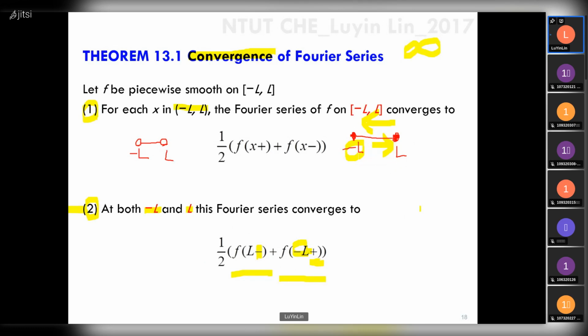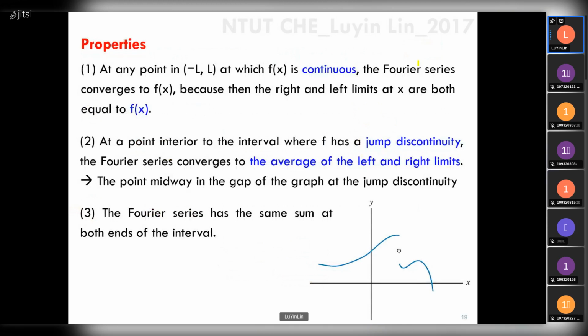You can see the example. Okay. Before seeing the example, you can see the property. At any point in this range, you can see it is a small bracket. Small bracket means no minus L, no L. Okay.